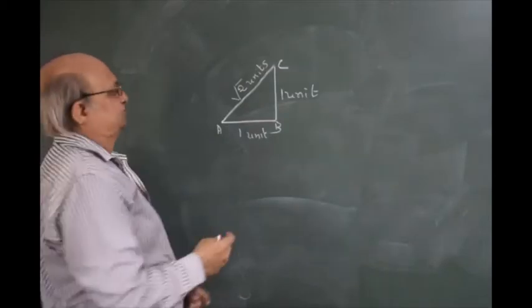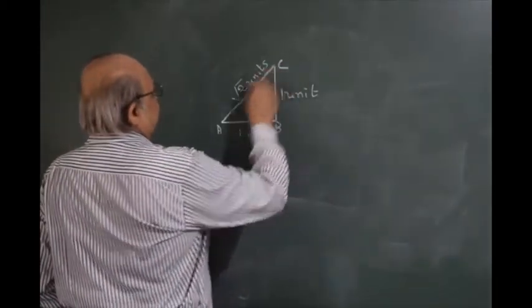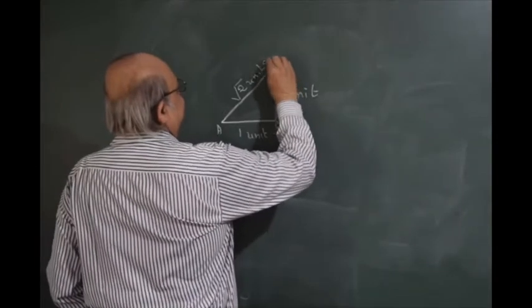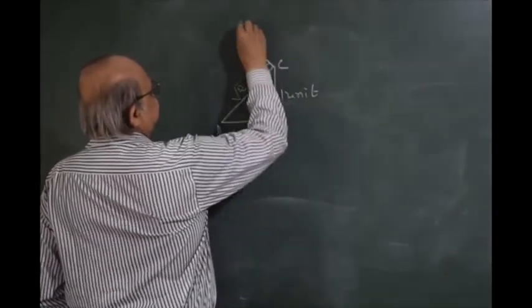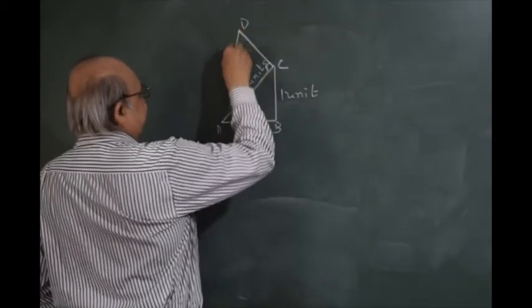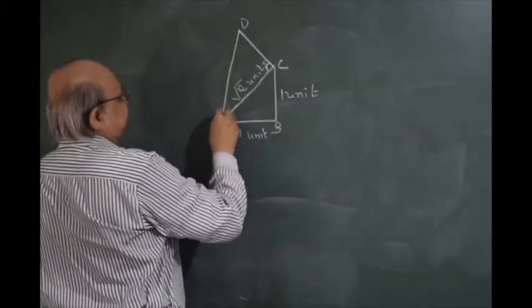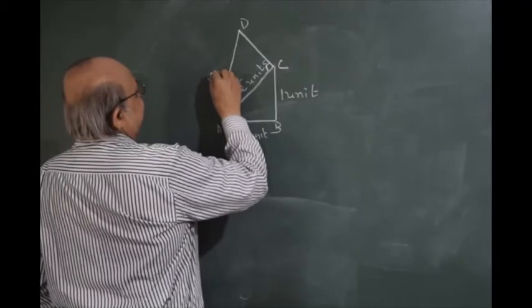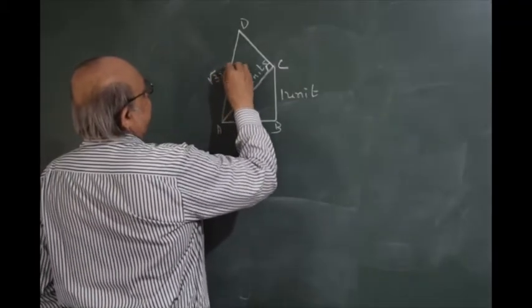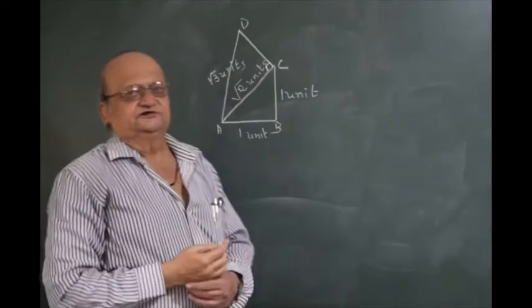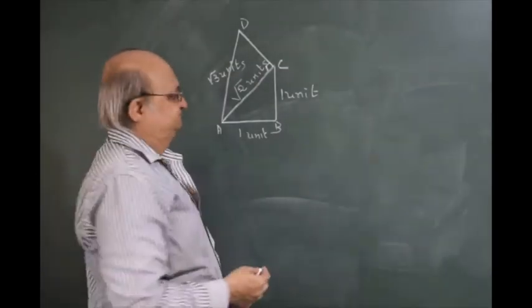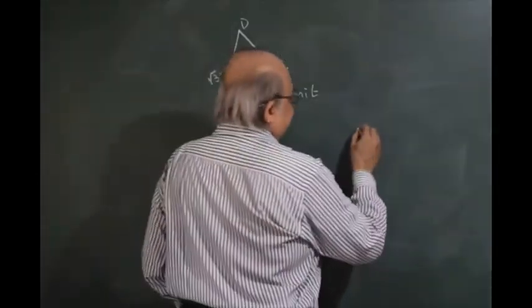What about root 3? To AC we draw a perpendicular with 1 unit. And now AD will be root 3 units. What about root 4? I will draw it separately here.